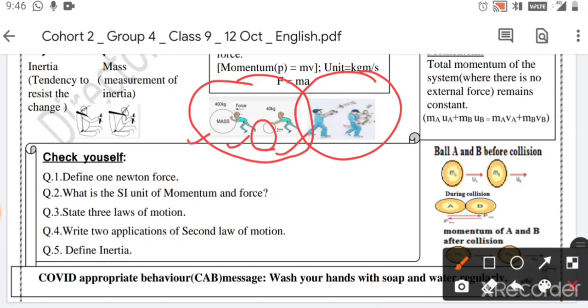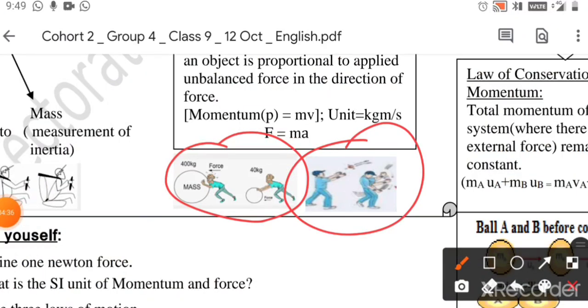Then there is an example of a cricket ball. The cricketer has to catch this ball with a force. So the cricketer is not hurt if he pulls his hands back, lowering his hands, so the force applied by the ball will be less.